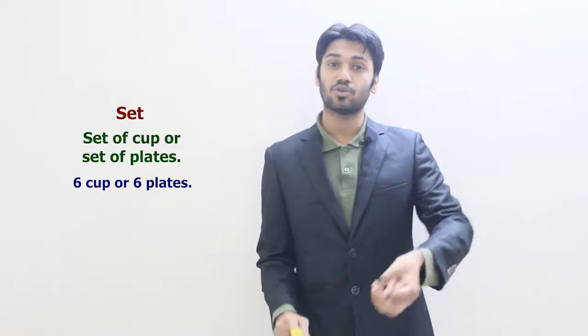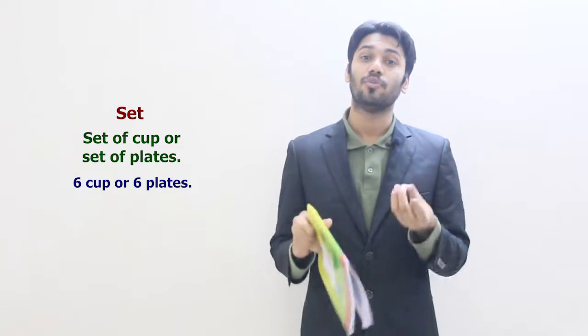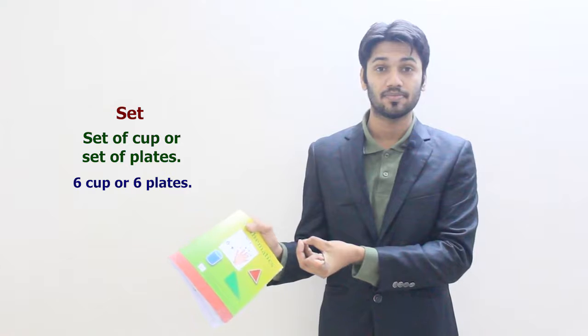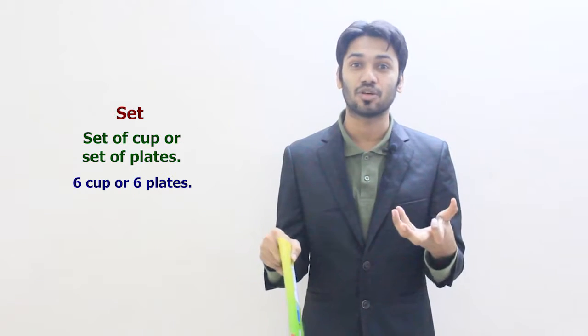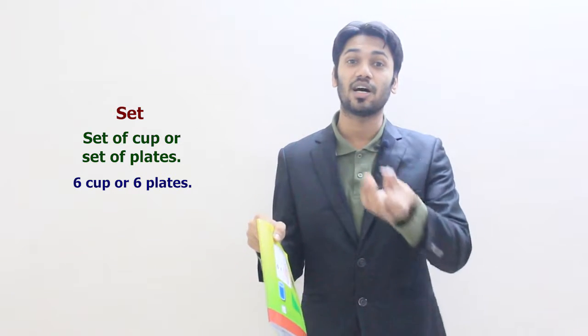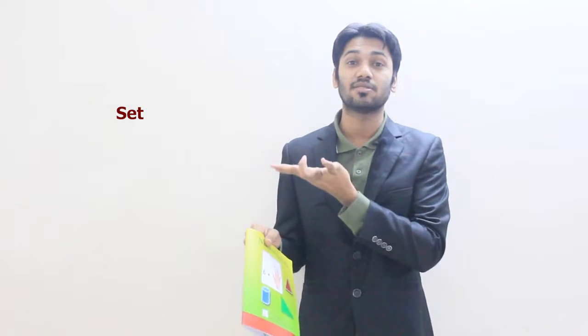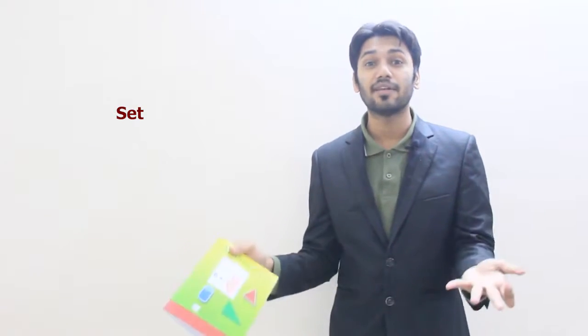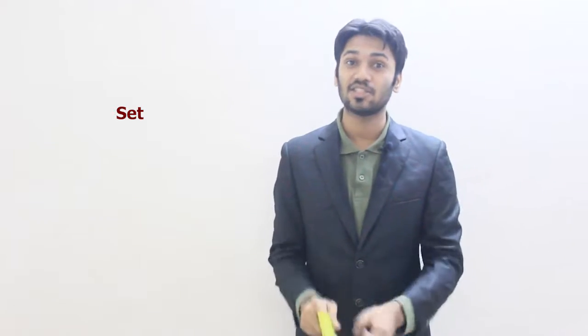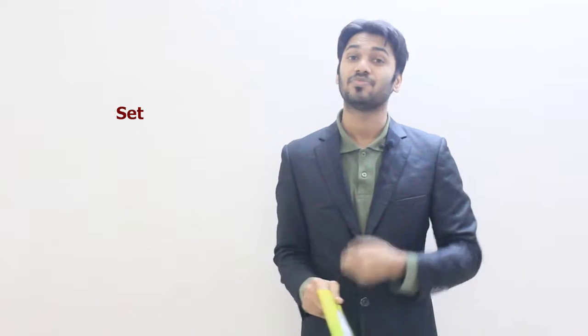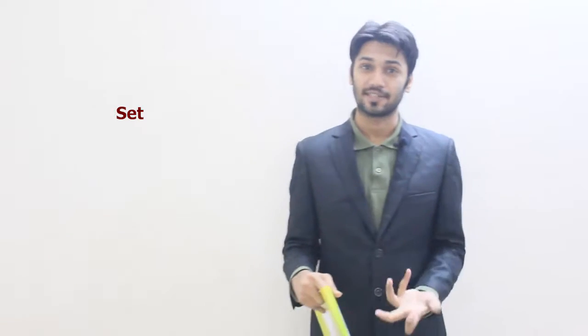Now, if you are going to the market to buy some toys, you see there are some sets of toys. There are 4, 5, or in some cases 6. In some cases 10, 15 toys, and they are packaged together. That's what we call a set.